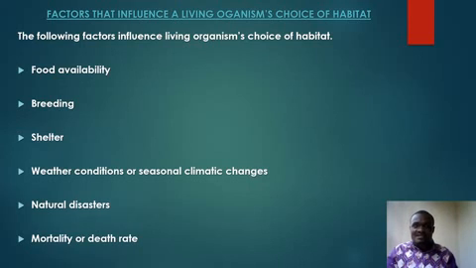And breeding, how they will be able to produce offspring, shelter where they will sleep, the conditions of the weather in a particular place affects the lives over there, or seasonal climatic changes. There is this video called "Animals Are Beautiful People." You can find it on YouTube and then watch.